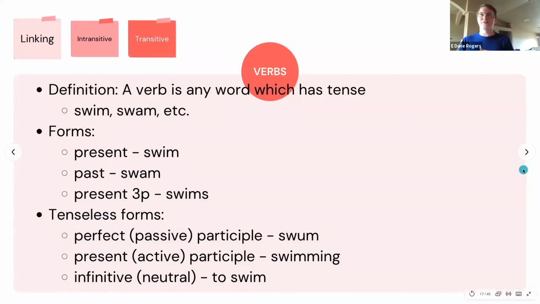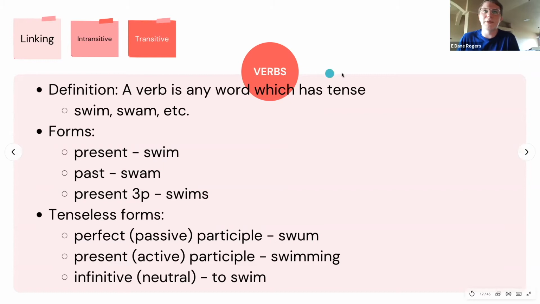All right, verbs. Verbs only have two tenses, but it is the tense that makes it a verb. A verb is any word which can have tense. Tense is the aspect of time, not necessarily the content of time, because you can have prepositions that indicate time, but that doesn't make it a verb.